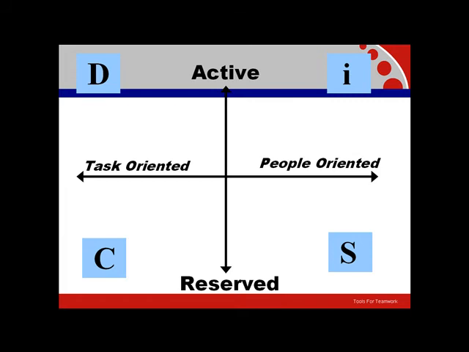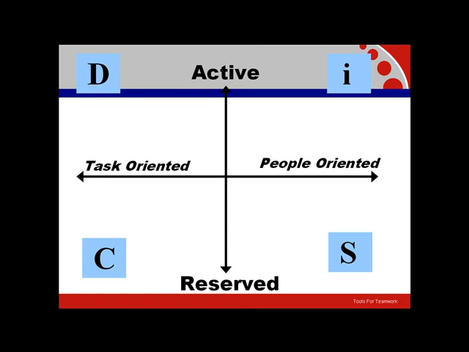So if you are active and task-oriented, you are a high D personality, and the high D generally stands for things like direct. If you are active and people-oriented, you fall into the high I category.